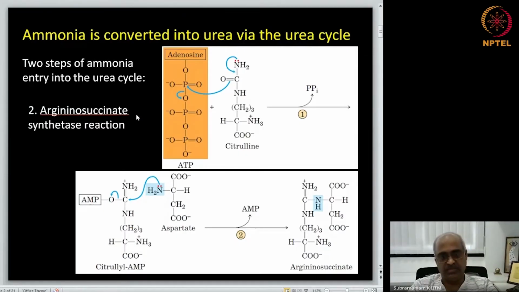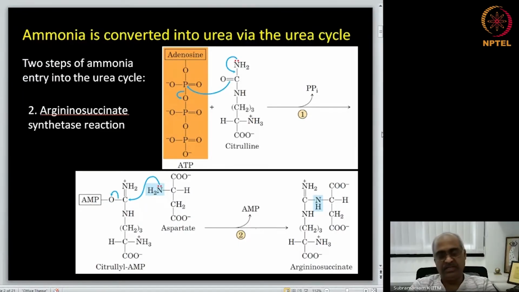The product is arginine plus succinic acid combined, and therefore it is called argininosuccinic acid. The arginine group primarily comes from the structure of the citrulline, and the succinic acid group comes from aspartate minus the amino group. So the argininosuccinate reaction combines citrulline and aspartate to form argininosuccinate.